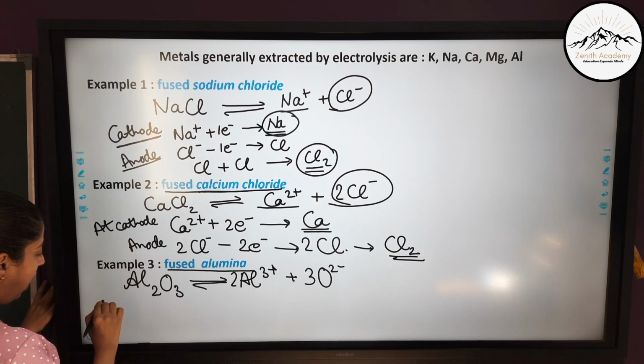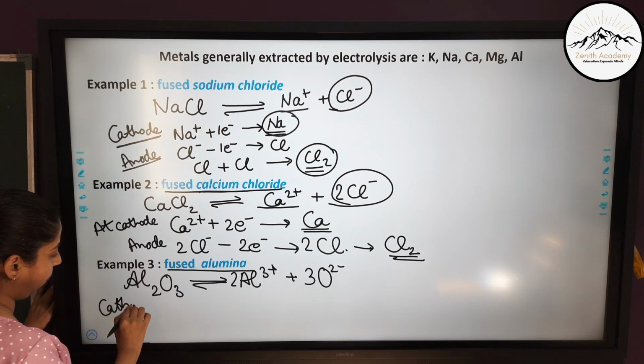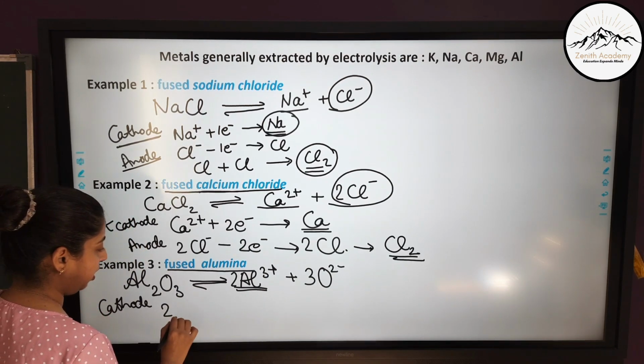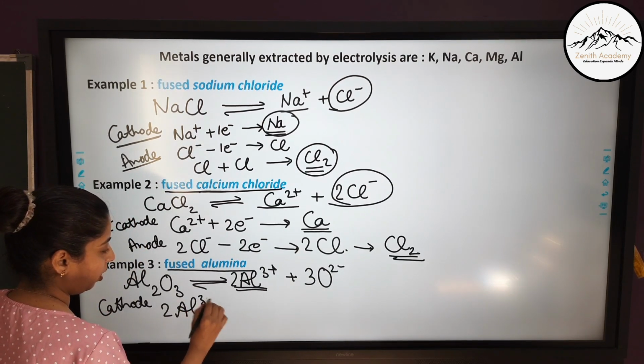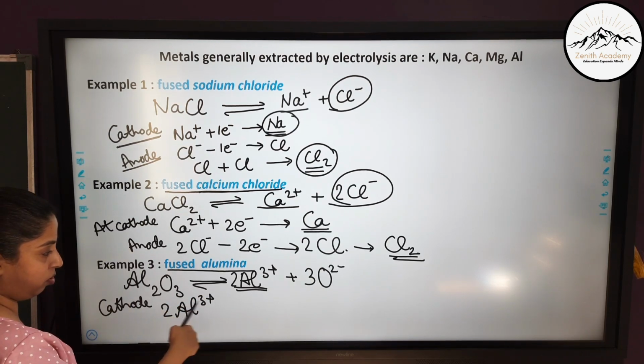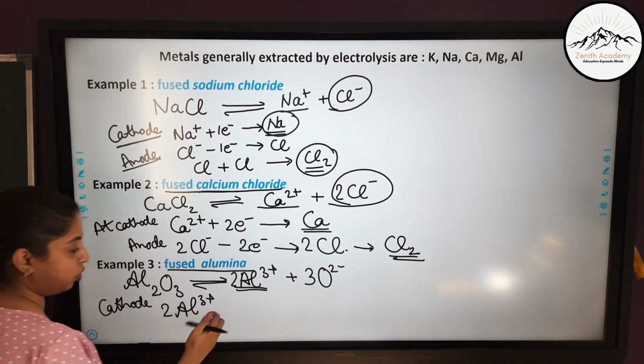Now at the cathode, the positive ions will go. If we take 2 Al3+, there are a total of 6 positive charges, since there are 2 of 3+.